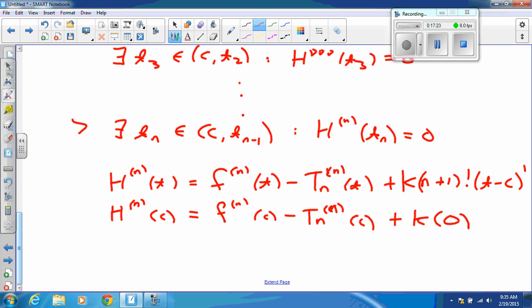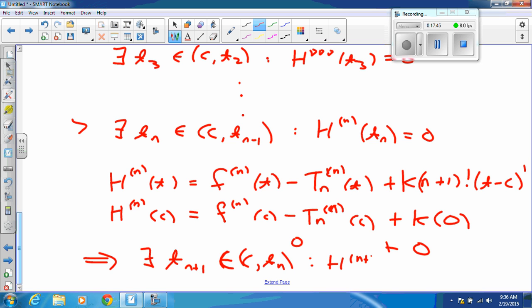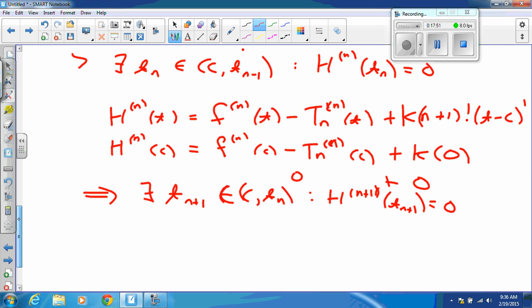Well, because this is a Taylor polynomial, Tn of C is equal to f n of C, and I get one last iteration to squeeze out of this, so that there is a Tn plus 1 somewhere between C and Tn, such that h n plus 1 of Tn plus 1 is equal to 0.